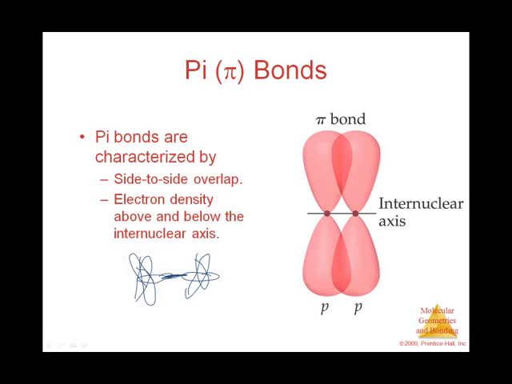And those P's are bonded already here on the PX axis, let's say. If I want another bond, it has to come from this side-to-side overlap. So pi bonds are characterized by side-to-side overlap, and that electron density ends up being both above and below the nucleus of the atoms that are combining.